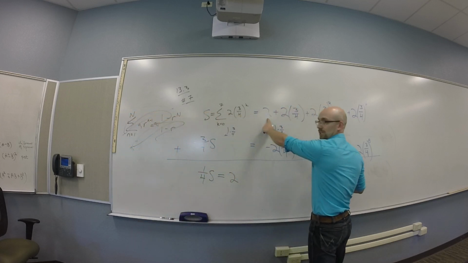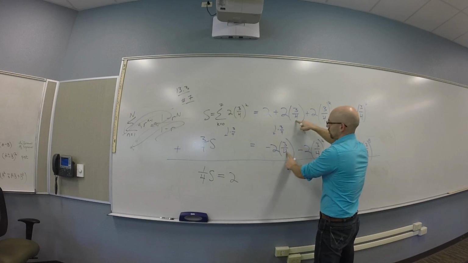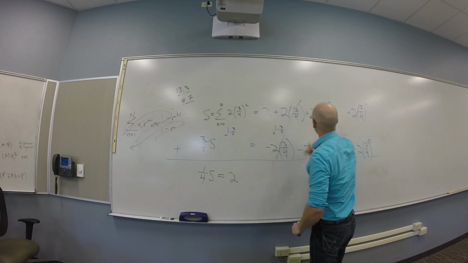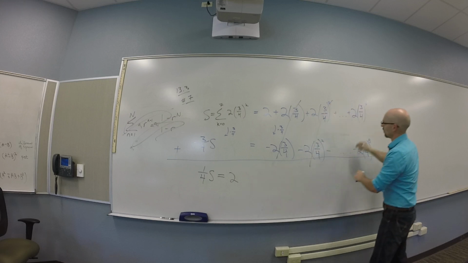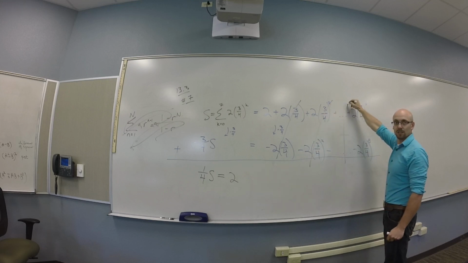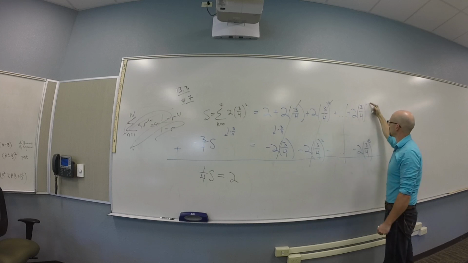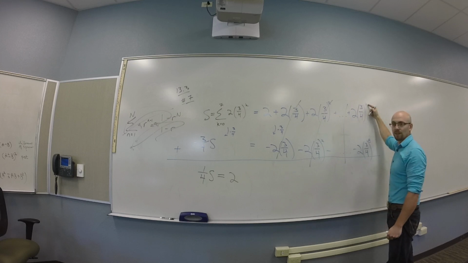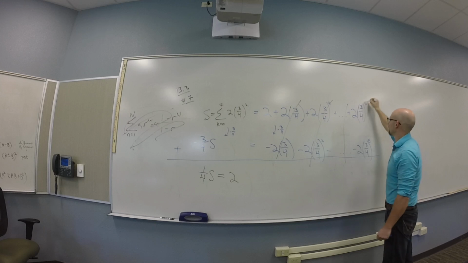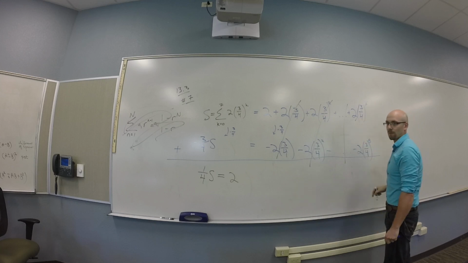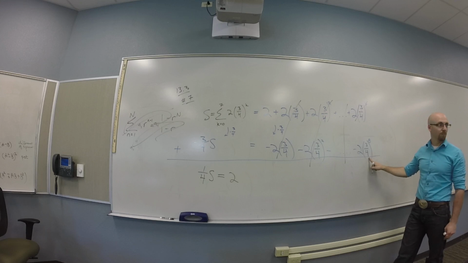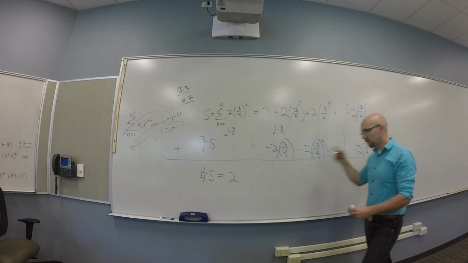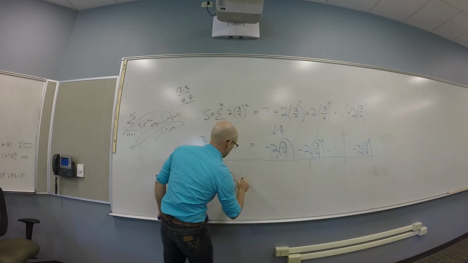I got a 2 from this guy. Then the 2 times 3/4 cancel. The 2 times 3/4 squared cancel. The yada yada cancels. And what about this 2 times 3/4 to the 7? That cancels with what came from the thing just before it. And then there's the very last term: my minus 2 times 3/4 to the 8 had nothing to cancel with. So that's left in my answer.